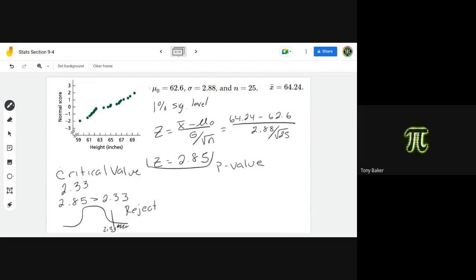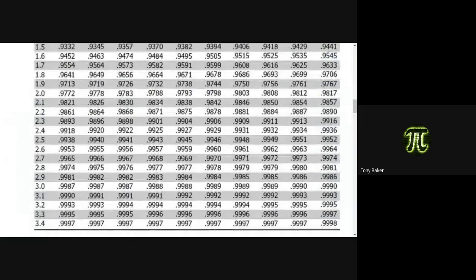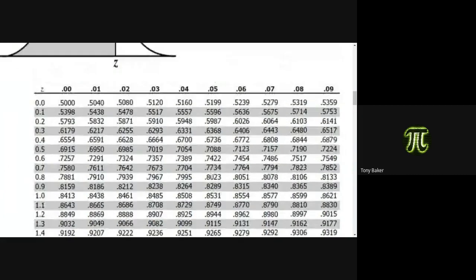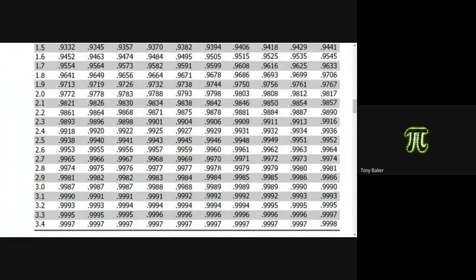So the p-value, we want to look at what the z-score is as a percent. So 2.85. So we go down and look at the 2.85. 2.85 is 0.9978.